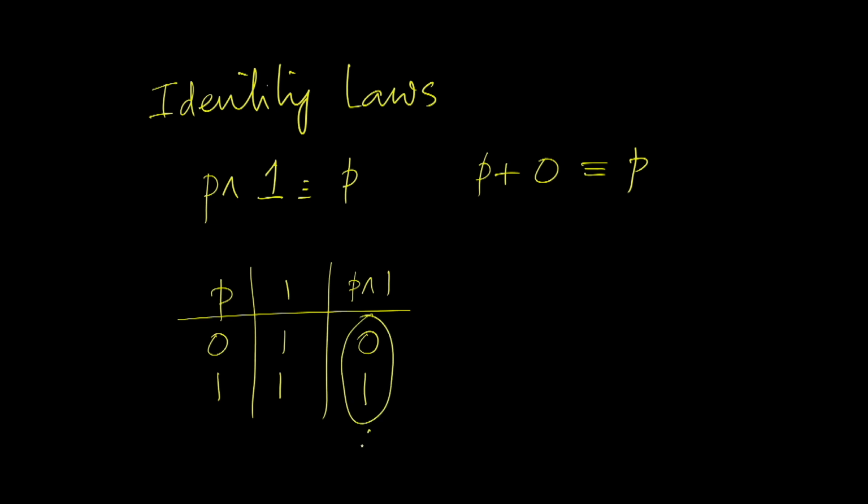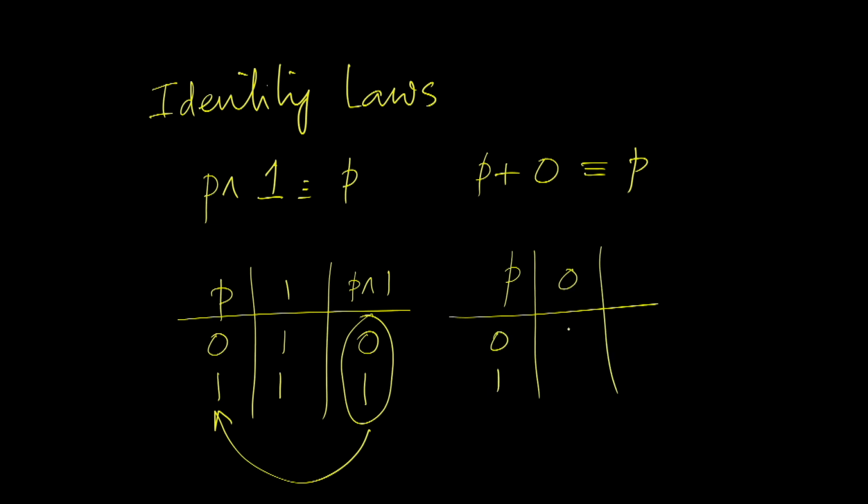This seems to be identical to the first column, which is P. So, P and 1 is the same as P. Similarly, P or 0 you find is identical to P again, proving the identity laws. So, when you take the AND of P with 1, you get P itself, and the OR of anything with 0 will give you the same thing.